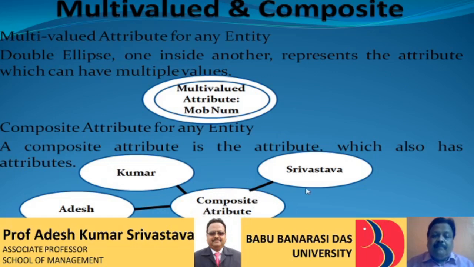Because there are three components of this. Number one is first name, number two is middle name, and number three is surname or title name. So these three are the attributes which make it a composite attribute. So the composite attribute is that attribute which is derived from other attributes, or you can say which also has attributes.